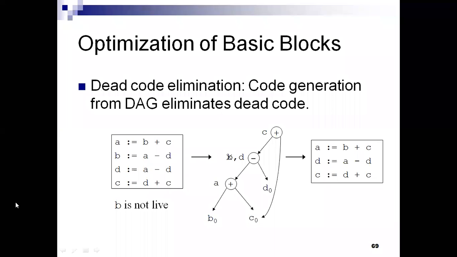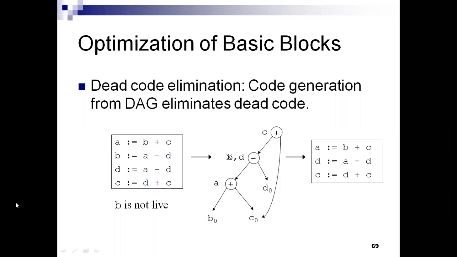A variable is said to be live in a program if the value contained in it is used subsequently. Only then does it become a live variable. Otherwise, it is a dead variable. Make it clear: live in a program means the value contained in it is used subsequently.